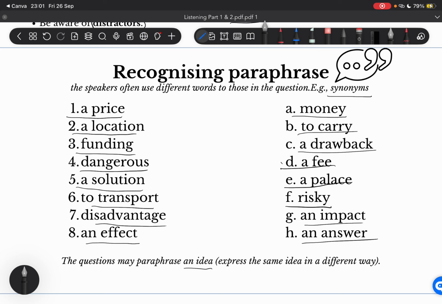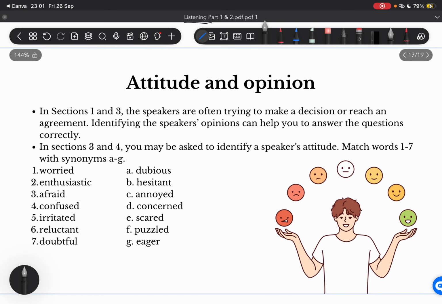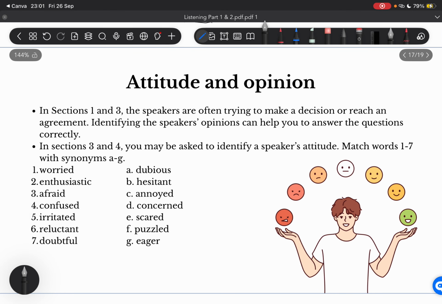So we have to know about that, and let's talk further about attitude and opinion. Well, in section 1 and 3, we know that it's conversations with 2 or 3 people.